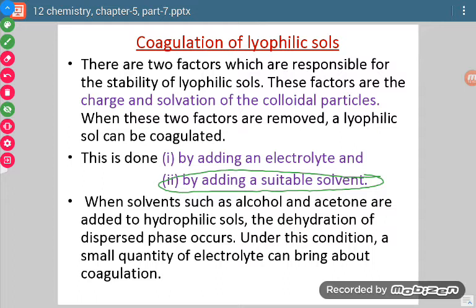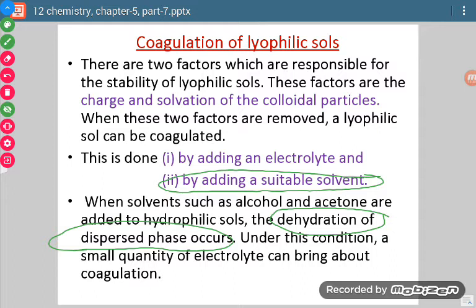What that solvent will do is result in the dehydration of the dispersed phase. Dehydration of the dispersed phase means its extent of solvation will decrease. Extent of solvation will decrease means fewer molecules will get attached to the colloidal sol particles. So that will give it less stability.